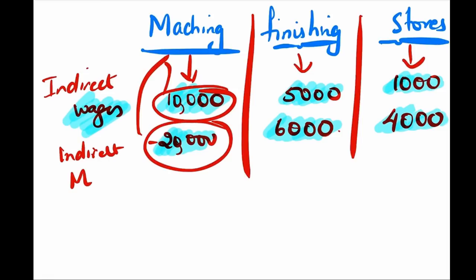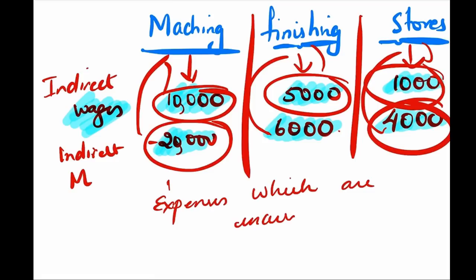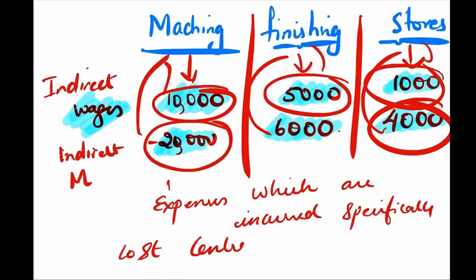Here finishing you will be charging. This process of charging expenses which are incurred specifically by every cost center, we call it as allocation. Therefore allocation basically is all the expenses which are incurred specifically by the respective cost centers.